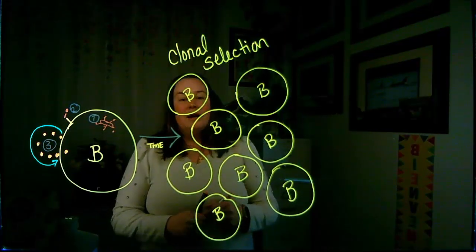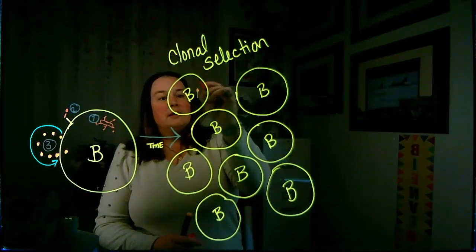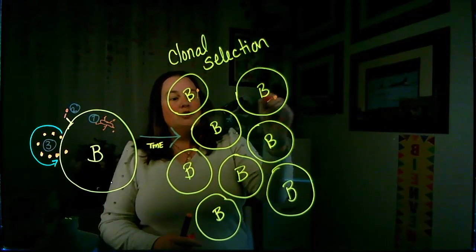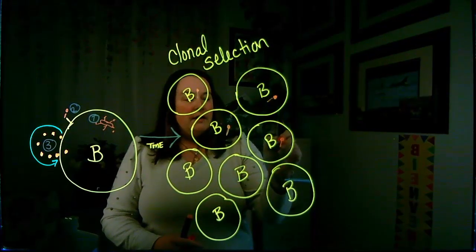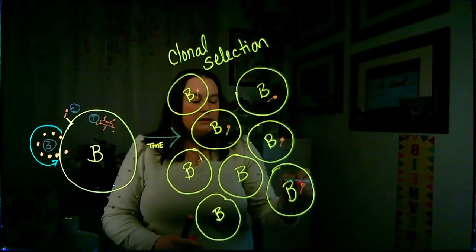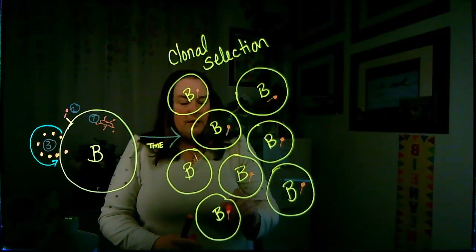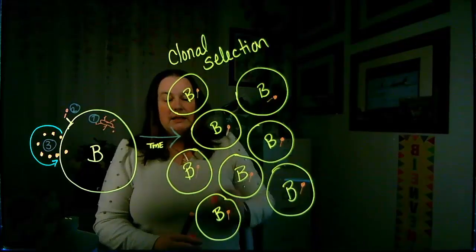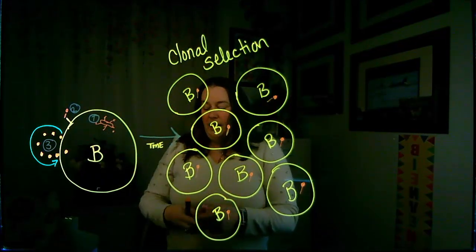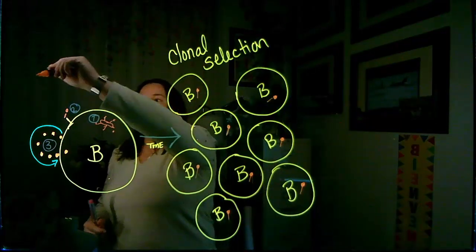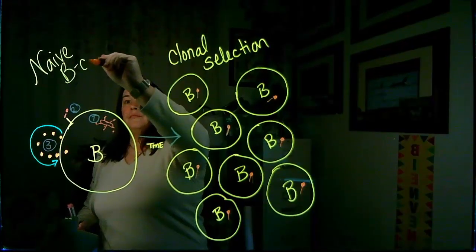Now, in that time, these B cells that are clonally selecting are not just clonally selecting, but they are now jaded. They have been educated, and they have determined that this molecule, this antigen that they brought in, is dangerous and needs to be dealt with. So over here, we have what is frequently referred to as a naive B cell.